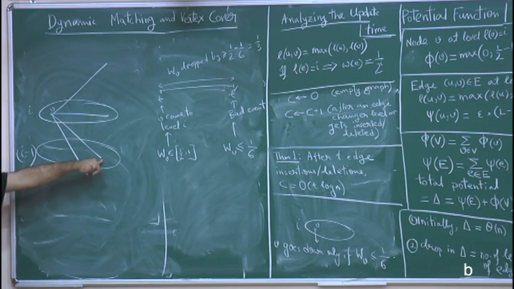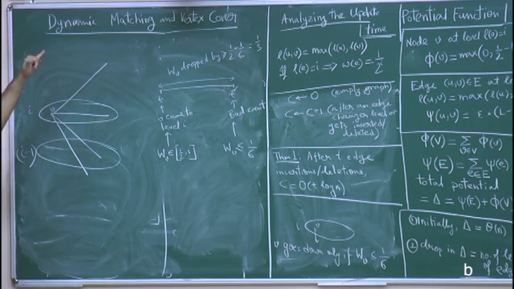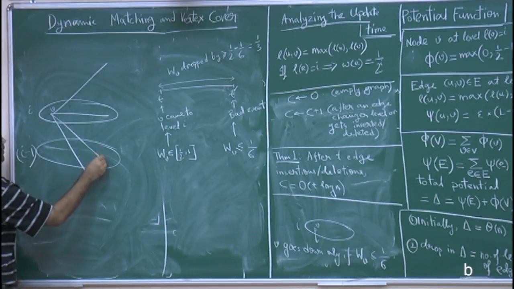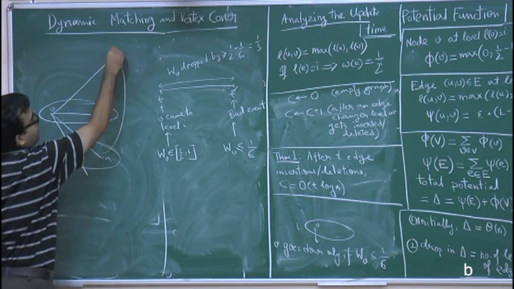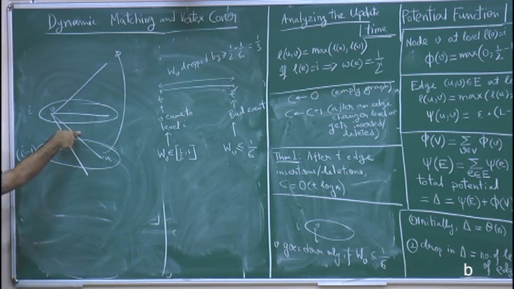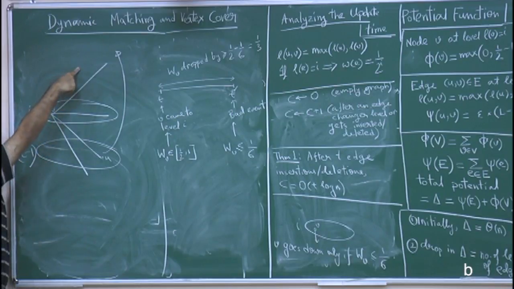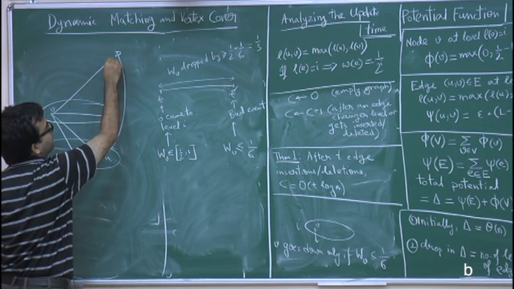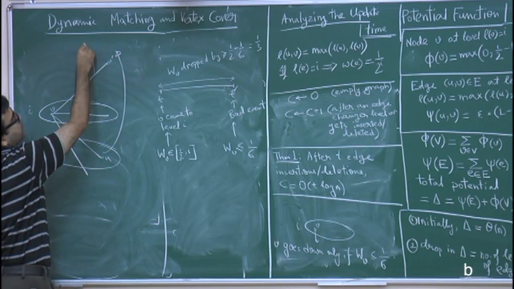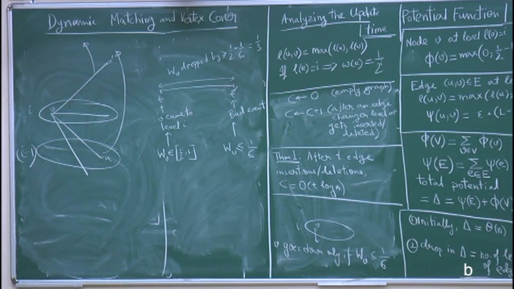Some edge incident upon V increased its level. Suppose this one was VU and now U goes somewhere up here. Earlier the weight of this edge was 1 by 2 to the power i. Now its weight is going to be much less, and similarly for U prime, because U prime now increased its level, the weight of this edge has dropped.